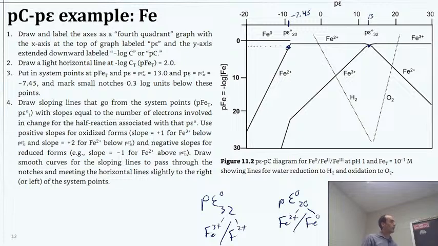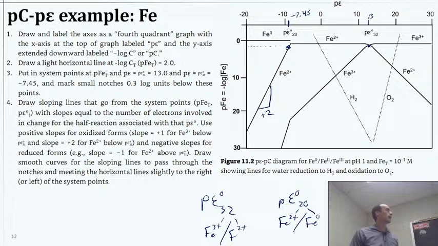So +1 for Fe3+ below the 3,2 mark, and 2+ for Fe below this mark. So this slope here needs to be 2. And it's a positive 2 because there are 2 electrons going for that reaction.